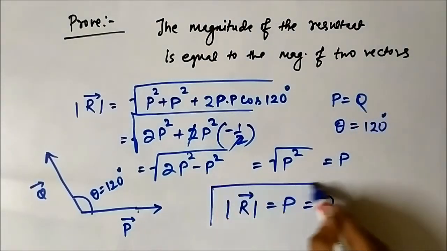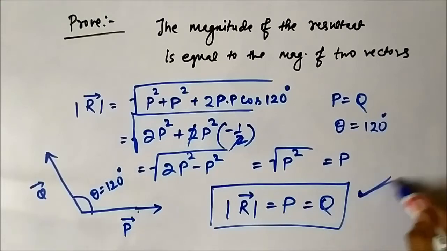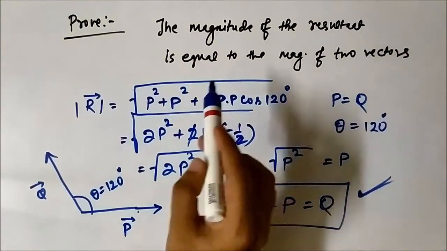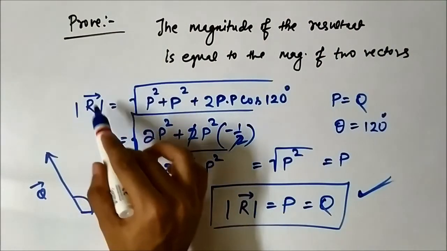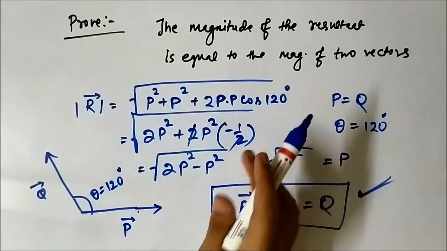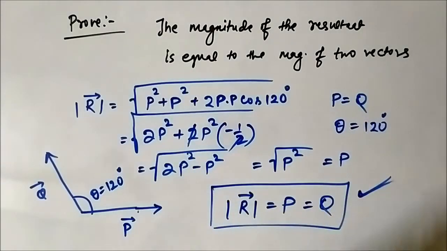We have proved it. All we had to do was to put the values in the expression for the magnitude of the resultant vector, and we got this final conclusion.